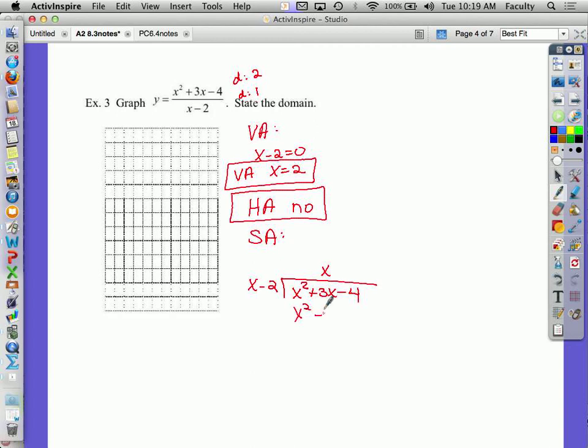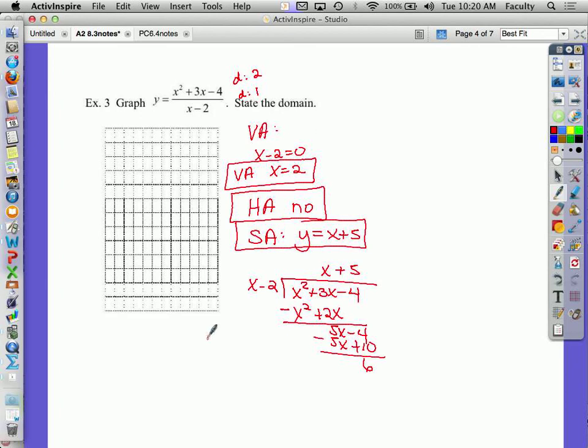So I get x squared minus 2x. I take the opposite and add. And then x times what is 5x? That's a 5. Take the opposite and add. Now my slant asymptote is just y equals x plus 5.